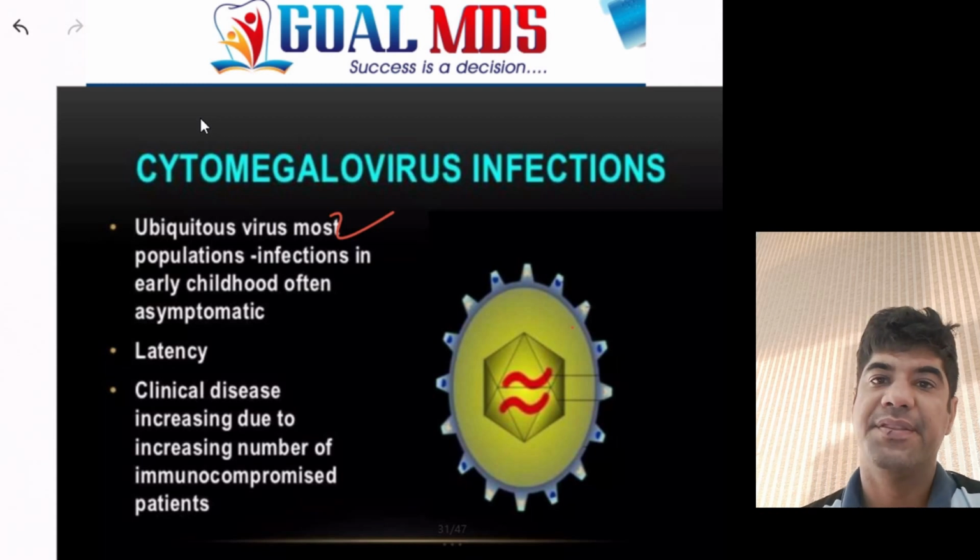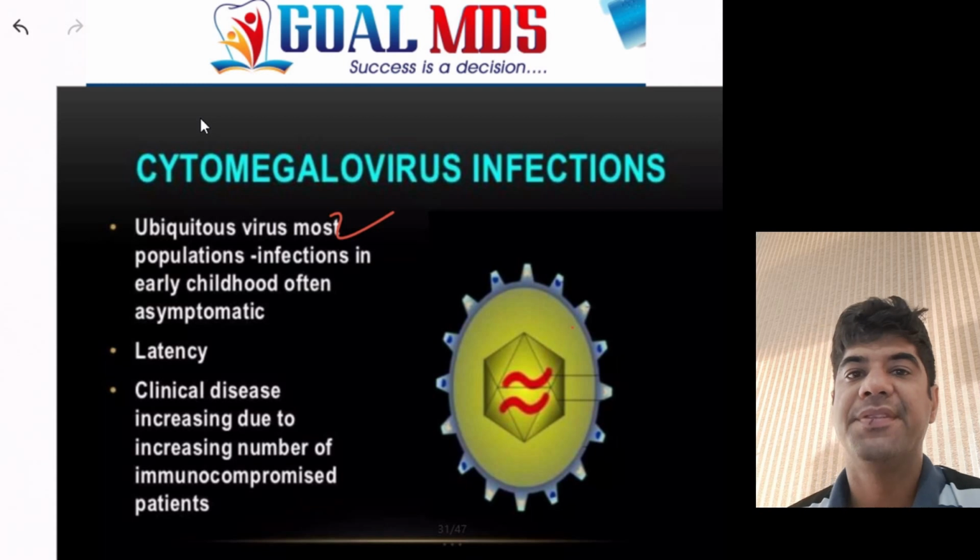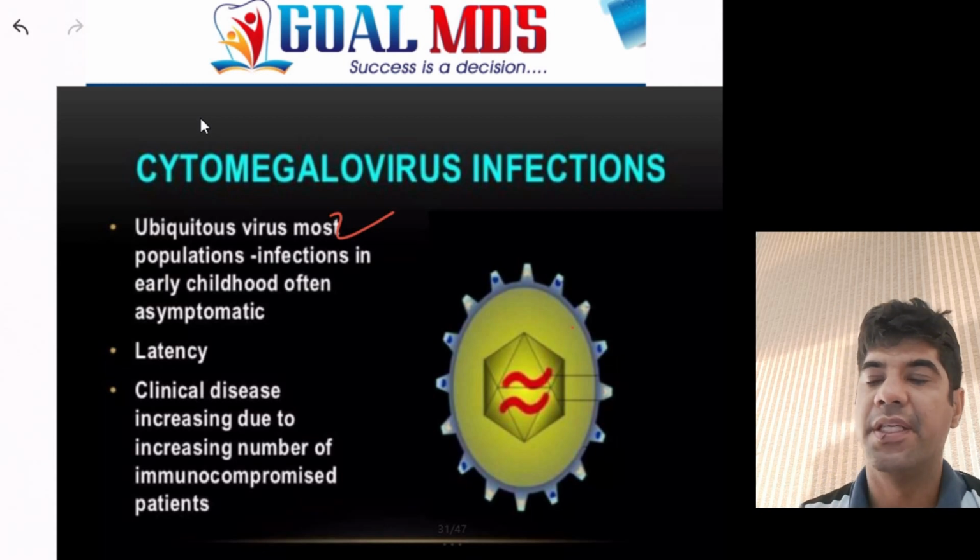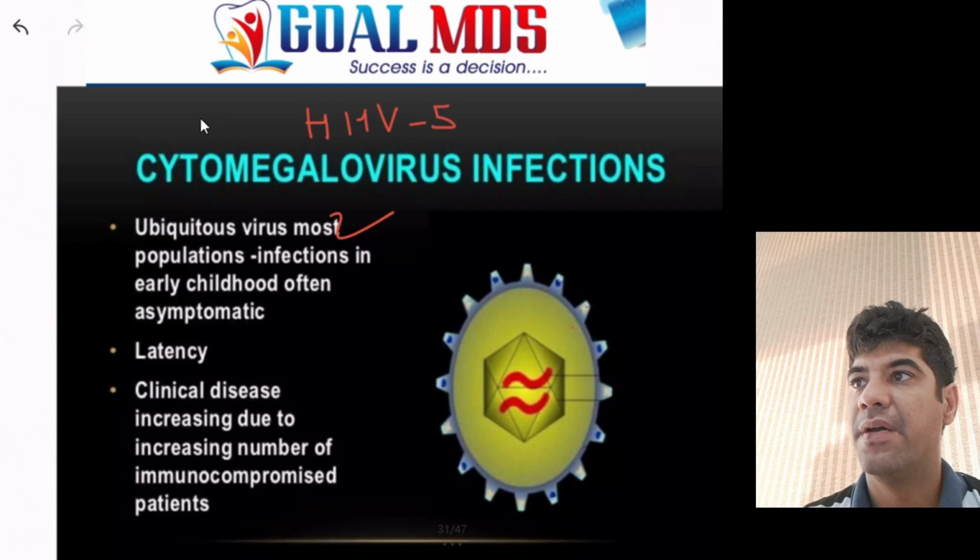The next is the cytomegalovirus. The cytomegalovirus is a member of the herpes family and causes various infections in humans. It is also known as HHV type 5.